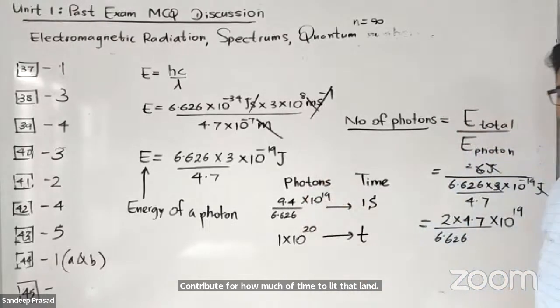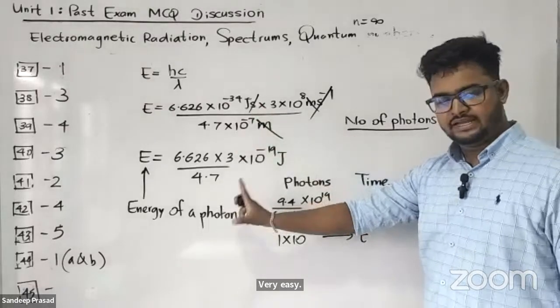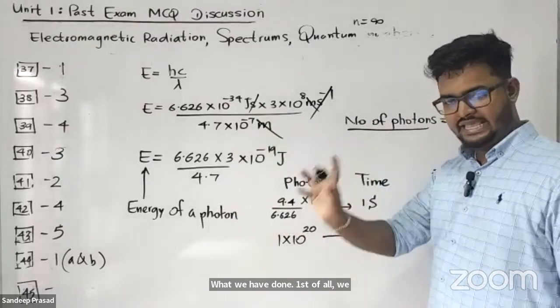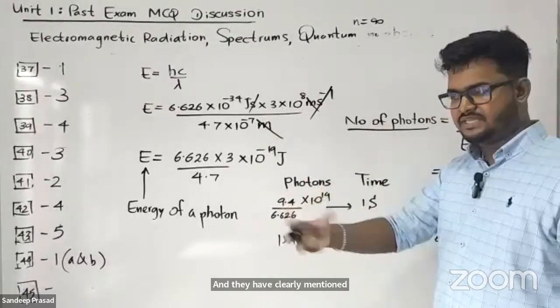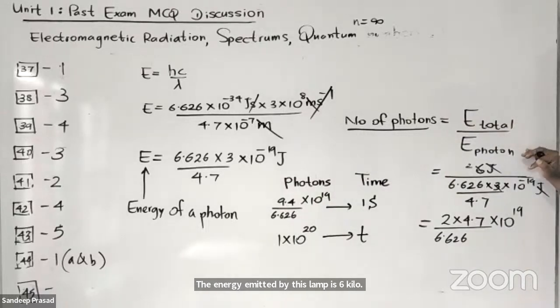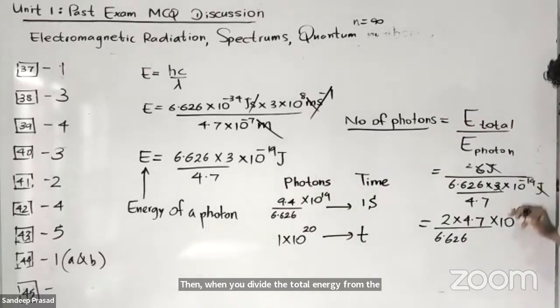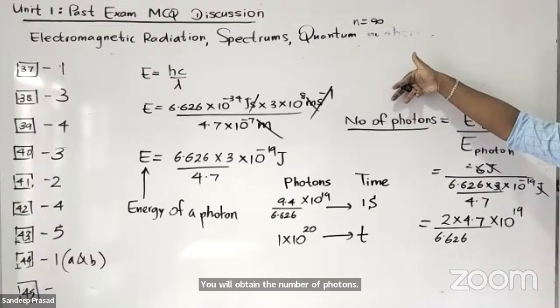So that's all. Very easy. What we have done, first of all, we found the energy of a photon. And they have clearly mentioned in this question, the energy emitted by this lamp is 6 joules. Then when you divide the total energy by the energy of just one photon, you will obtain the number of photons that the lamp totally emitted.